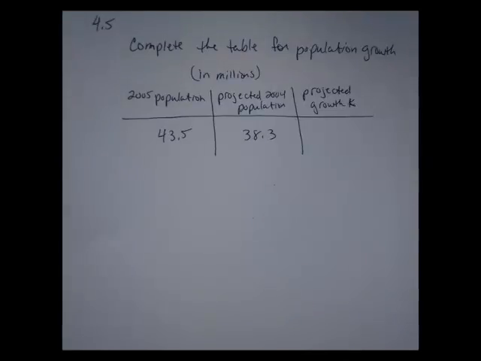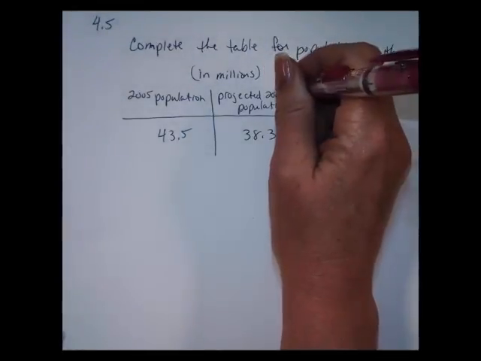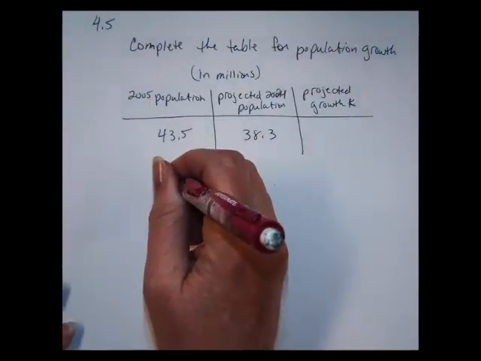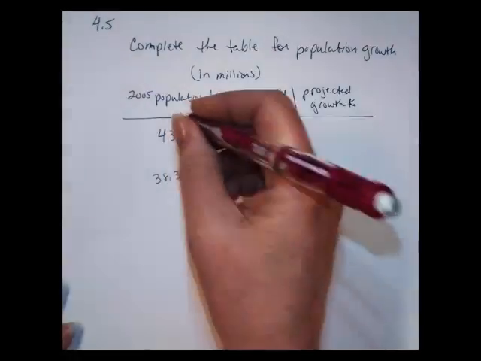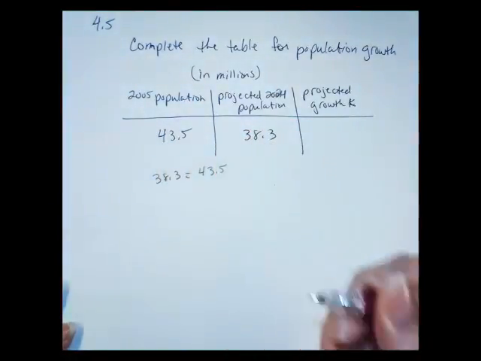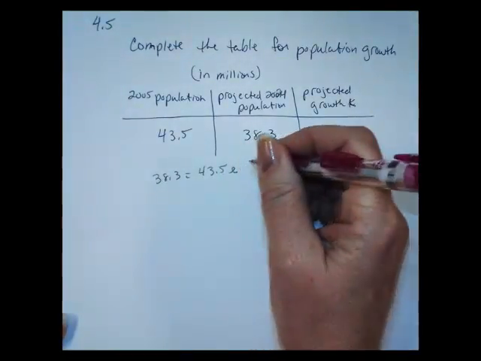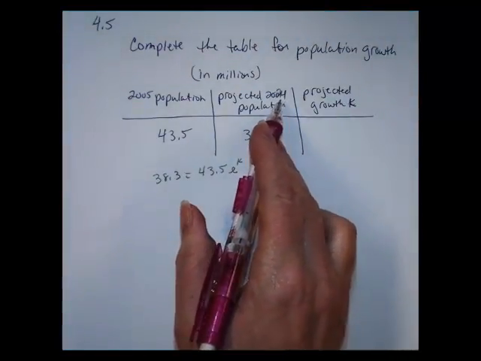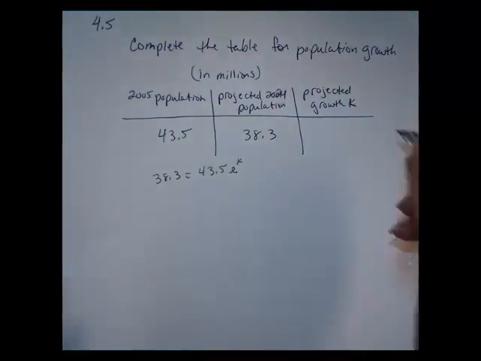So how are we going to do this? Well, if we use our standard type of decay formulas, if it's projected to be 2024, then 38.3 is going to be equal to the population that we have raised to the e power of k times how many years is it between 2024 and 2005.